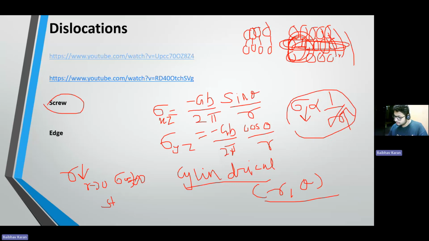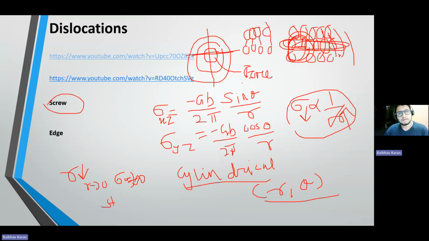This is the stress field we are experiencing around the dislocations. Then as we increase the R, the stress field value decreases according to this formula. That means there is a critical radius below which the stress is extreme, and that is known as the core of the dislocation.